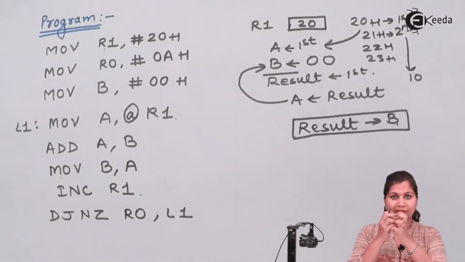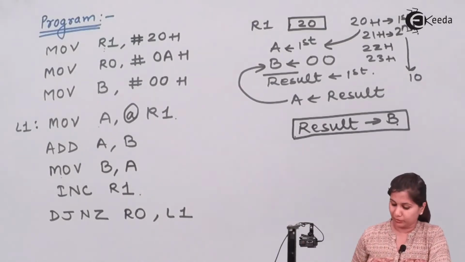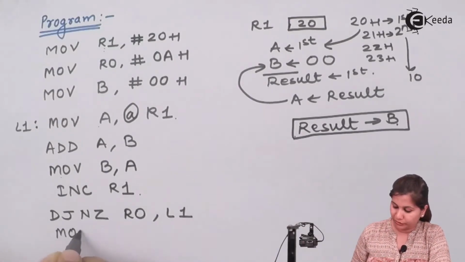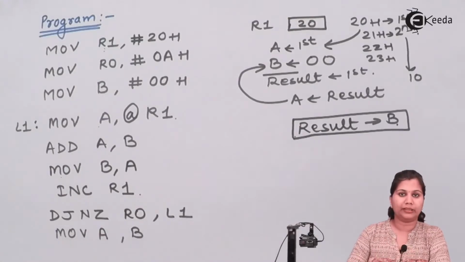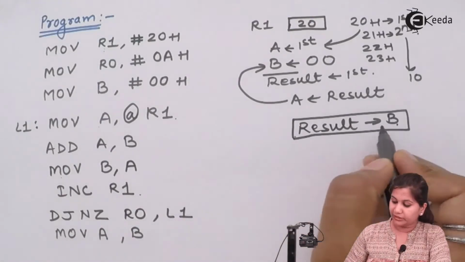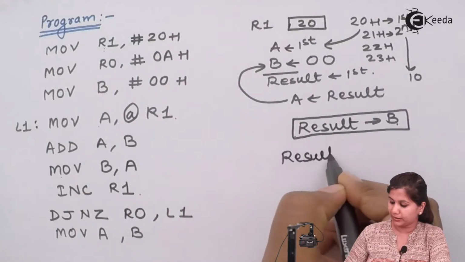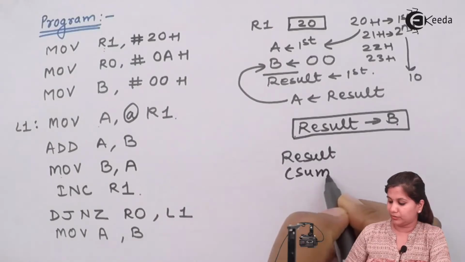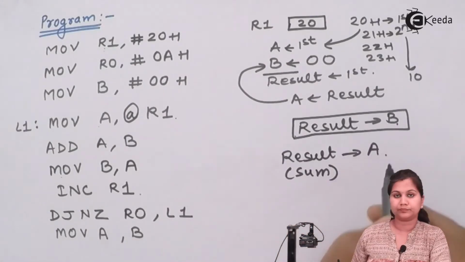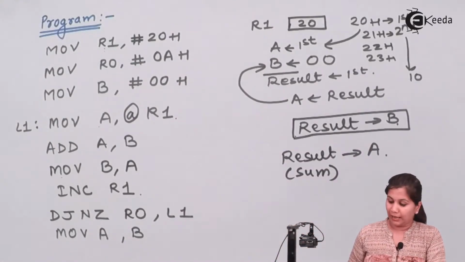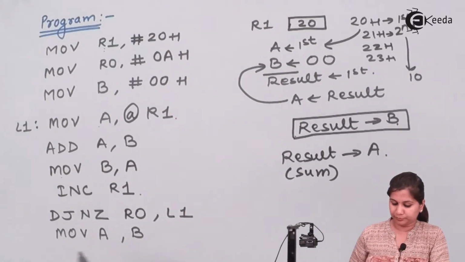To protect that sum of numbers, we will move the contents of B again into the accumulator. So earlier the result was in B, now the result, that is the sum of the numbers, will come in register A. Afterwards, we will shift this count value into the B register.